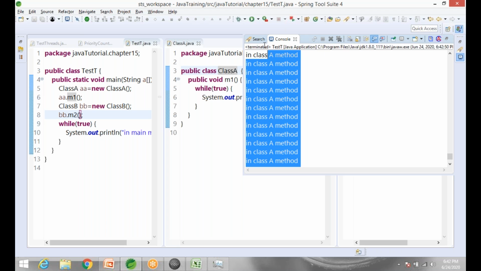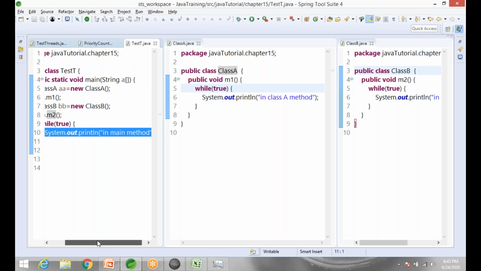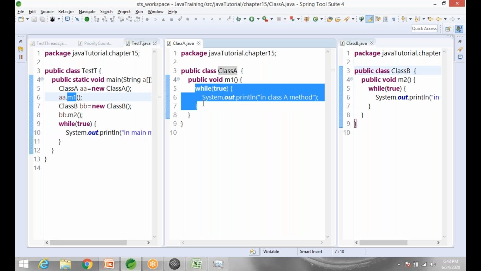You're endlessly printing class A because this is sequential programming. You never came back and called method 2, which is also printing endlessly class B method. You never got a chance to print the main method's endless loop either. Once you gave control to the M1 method, you were stuck right here.